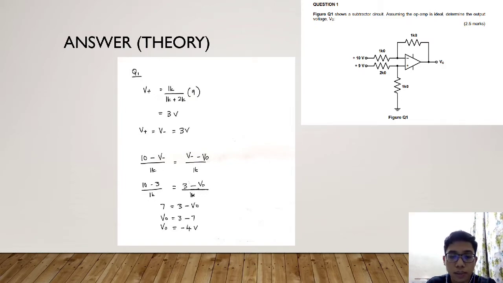So 10 minus 3 over 1K equals 3 minus V output over 1K. So we get the value of voltage output is negative 4 volt.